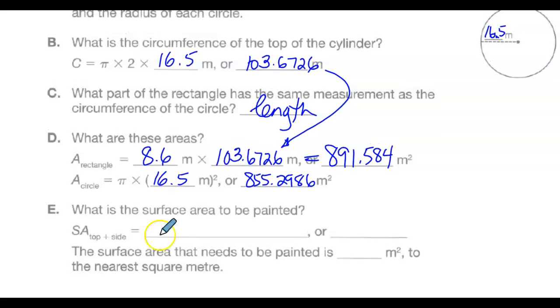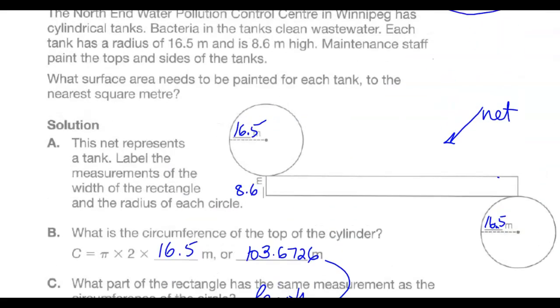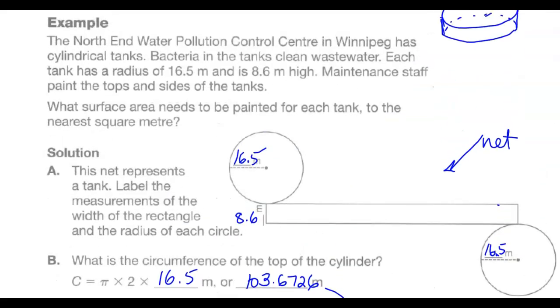Notice how it says top and side, because we have to be careful here. It says each tank has a radius. The maintenance staff paints the tops and sides of the tanks, not the bottom. What surface area needs to be painted for each tank?